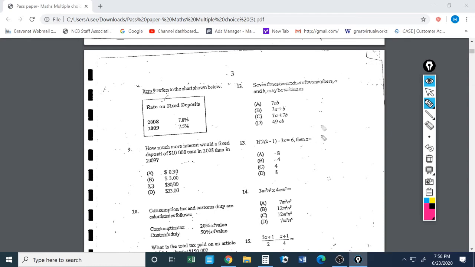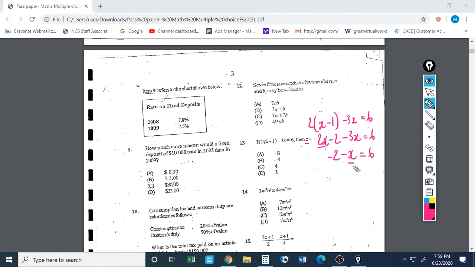The next one says 2 times x minus 1, minus 3x is equal to 6. Then what is x? The first thing is we want to break down the brackets, and we're going to get 2x minus 2 minus 3x is equal to 6. Then we can subtract, and we're going to get minus 2 minus x is equal to 6.